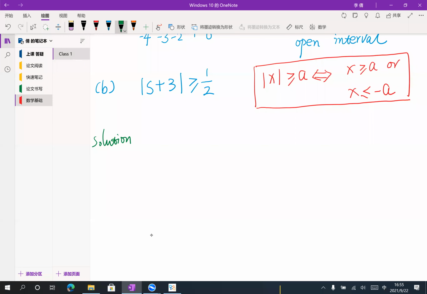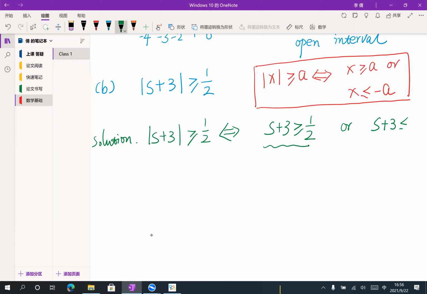The absolute value of S plus 3 larger than or equal to 1/2 if and only if S plus 3 is larger than or equal to 1/2. This is the first inequality. Or S plus 3 is smaller than or equal to -1/2, right?